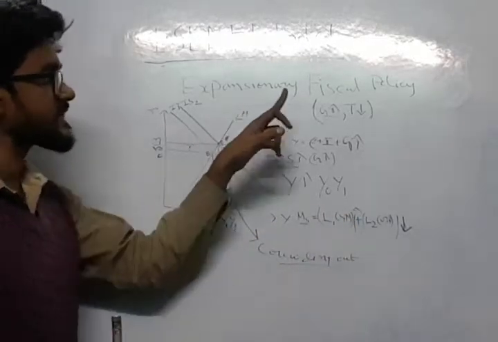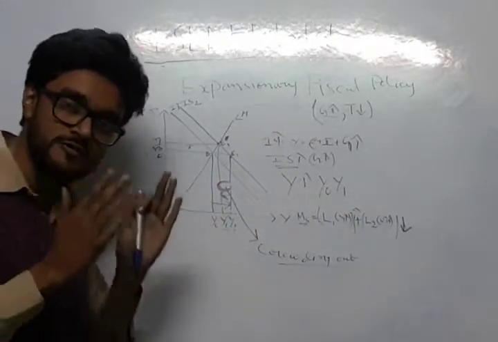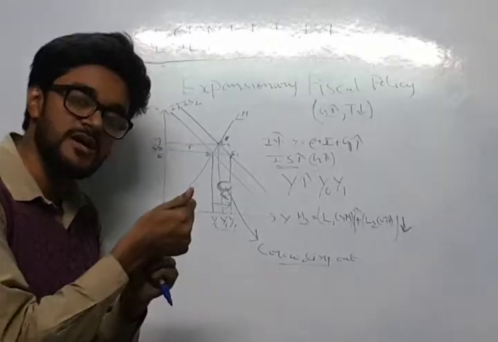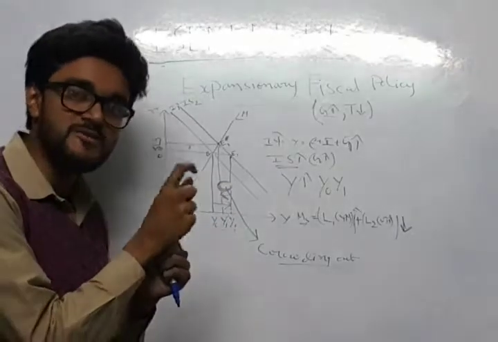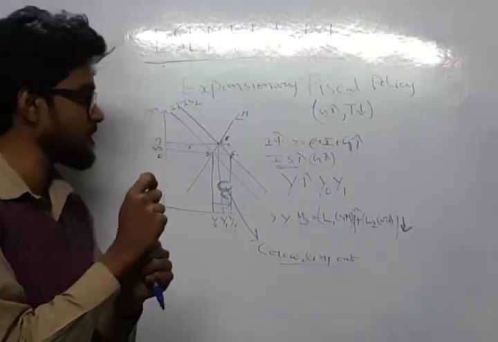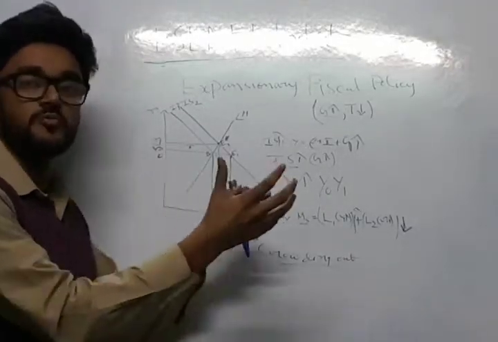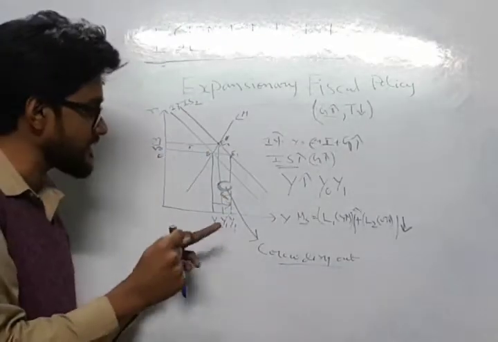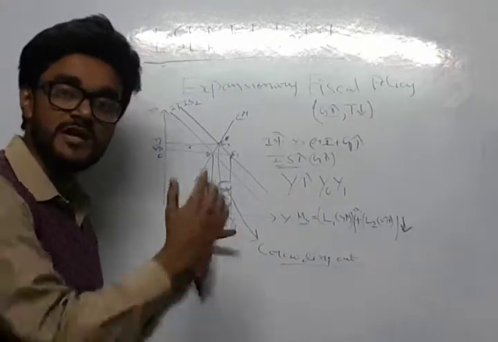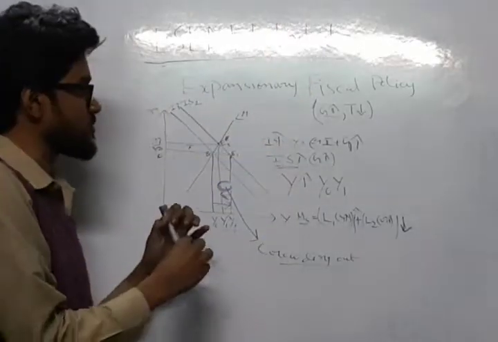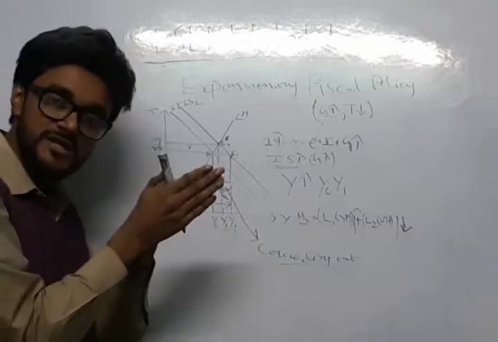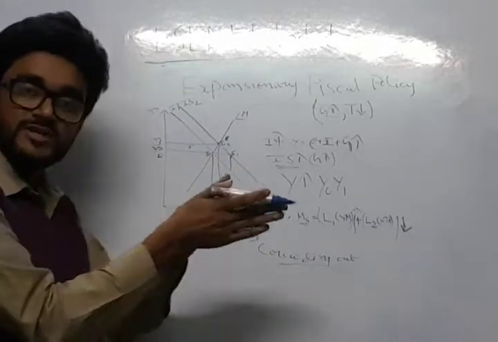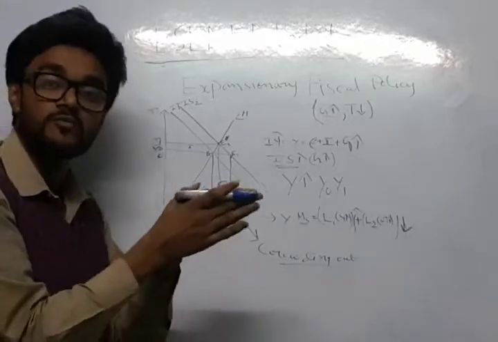While discussing expansionary fiscal policy, the first thing to remember is that either G or T changes. Expansionary fiscal policy means which expands the output. When you increase G or decrease T, the output eventually increases and the IS curve shifts rightward. So the income increases to a higher level, at Y1.